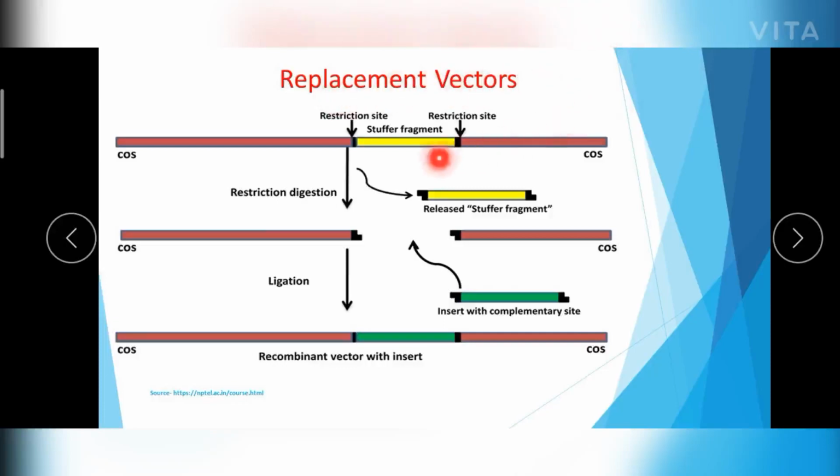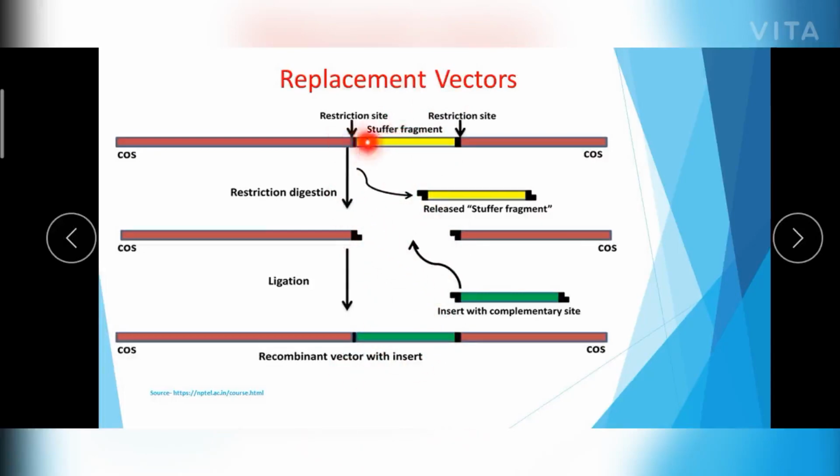The replacement vector will look like this. So these are the non-essential genes which are present in the wild lambda phage. That portion is removed, and in that place our foreign gene is inserted.